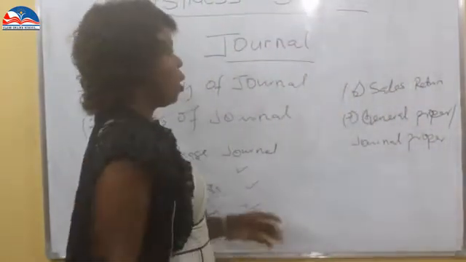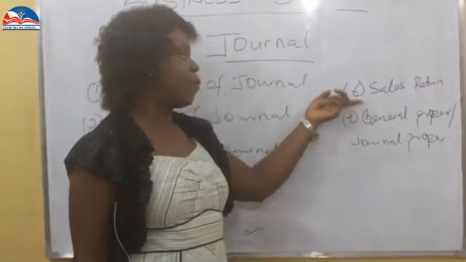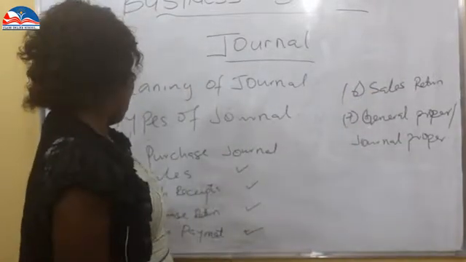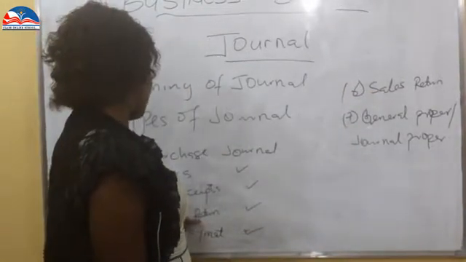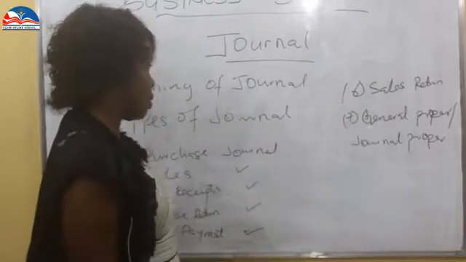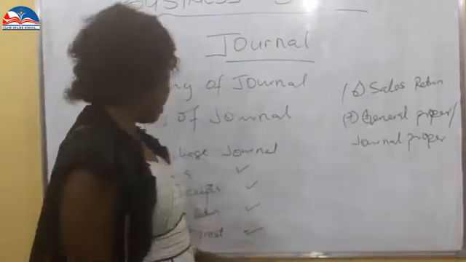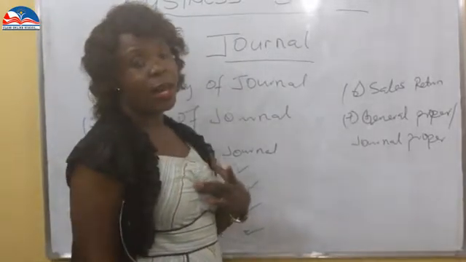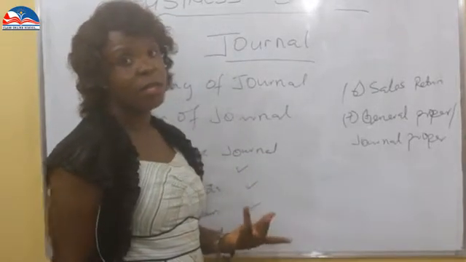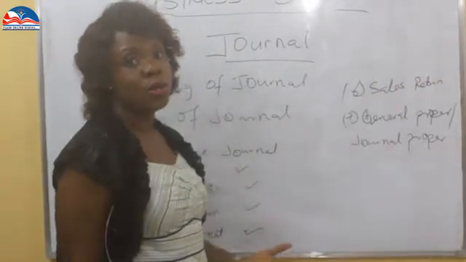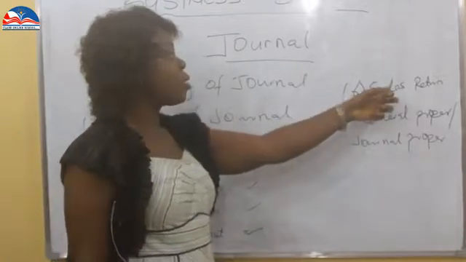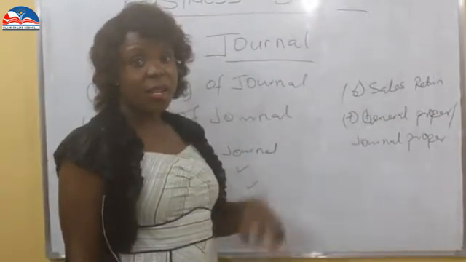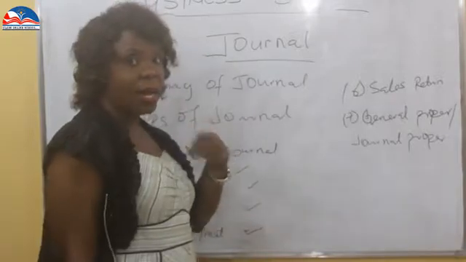Then we move to the number 6 item, which is sales return. You find out that purchase return and sales return are different. Let me try to differentiate them. Purchase returns are things the organization buys, but they are not in good condition or they did not meet specification, so they return them to those who sell to them. But sales return is from the company to others, and then it is returned back to the company.